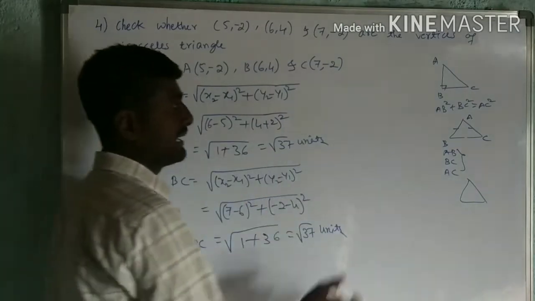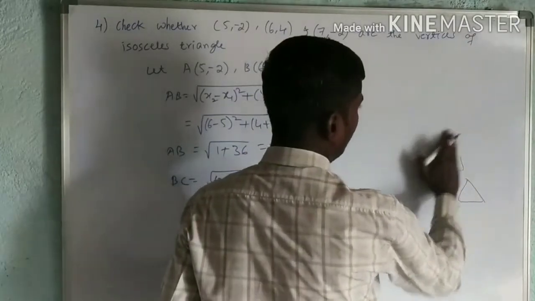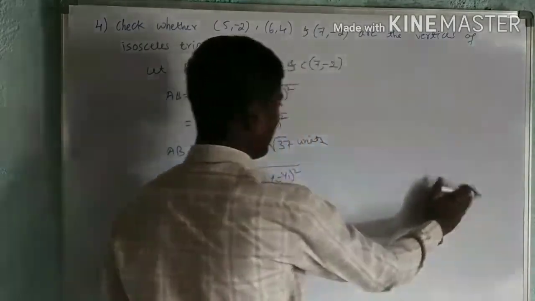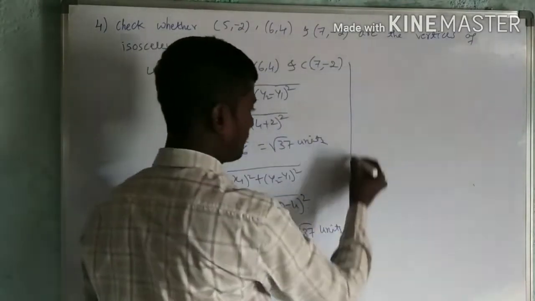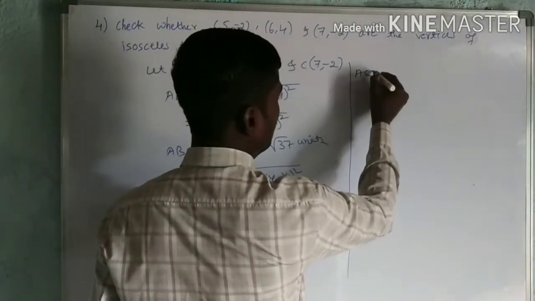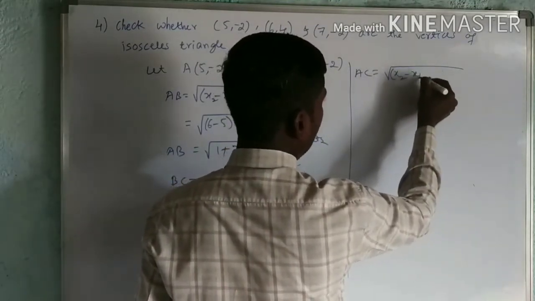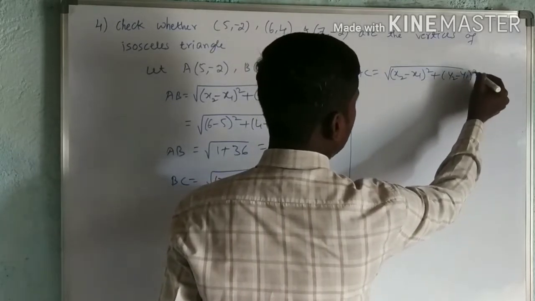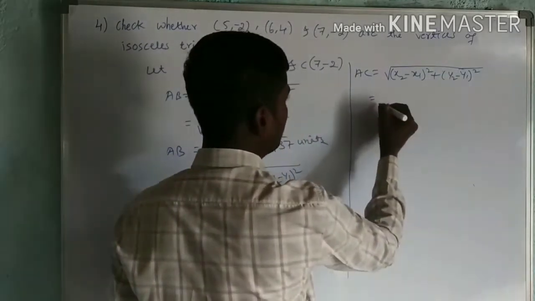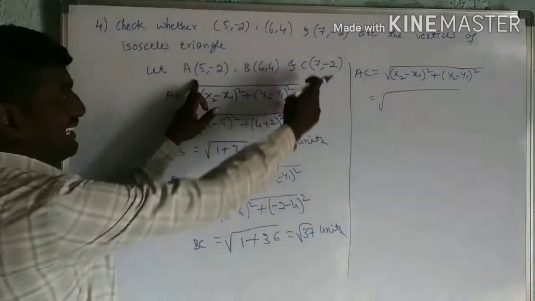Now I will go for AC. I have to check. Already I got these two are equal, but I will also find AC. Now AC is equal to, again I will write the same formula, (x2 minus x1) whole square plus (y2 minus y1) whole square. Now A and C, first point and last point.